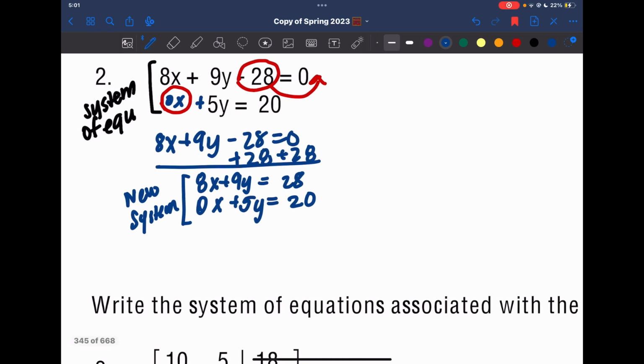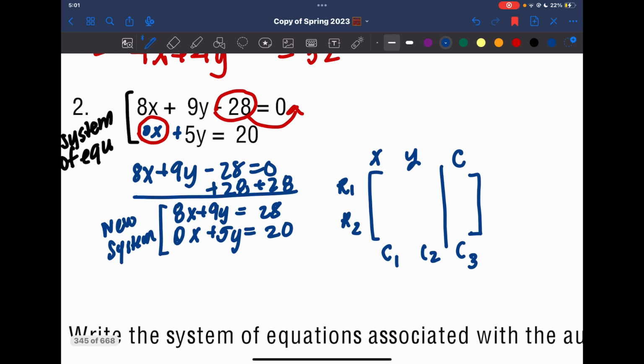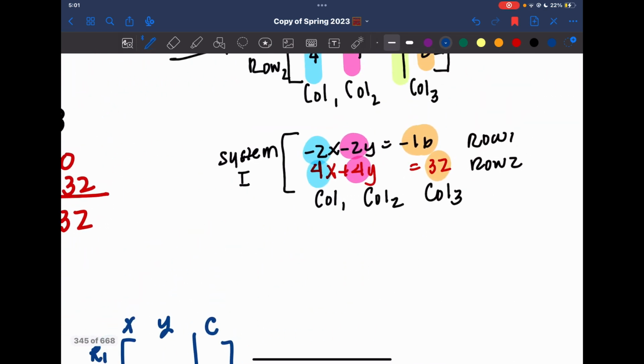Then we're going to build our matrix. So the matrix is going to go like this. This is the equal sign. We have row 1, row 2, column 1, column 2, and column 3: an x column, y column, and constant column. We're only looking for the coefficients. Okay, let's look at the first one. What colors did we use?